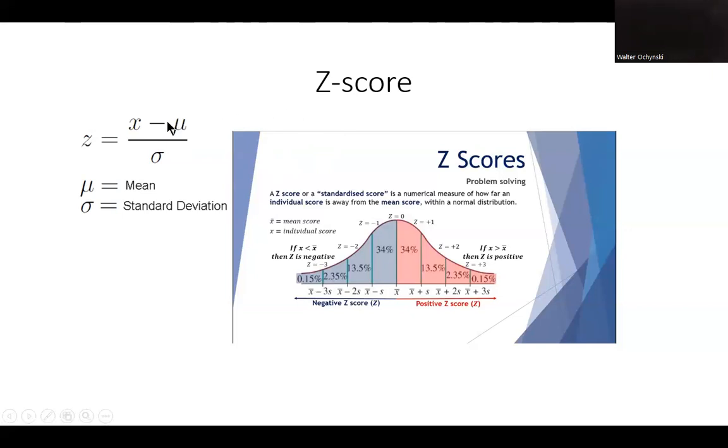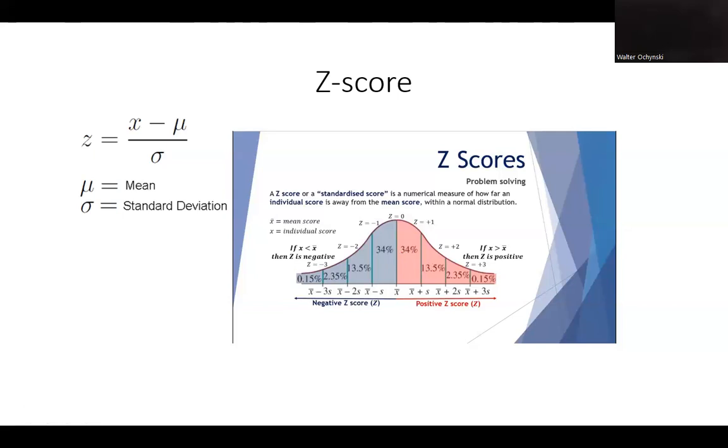Then minus the mean, which you calculated for your distribution, divided by the standard deviation of your distribution, and then you have your z-score. And the z-score tells you how far away you are from the mean.